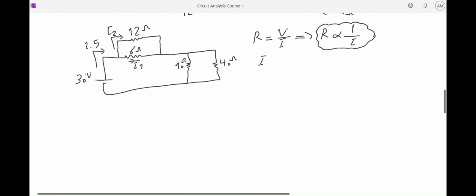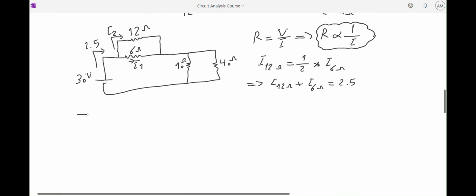The current of 12 ohm has to be half of the current of 6 ohm. And what I know from conservation of energy is that the current of 12 ohm plus the current of 6 ohm has to be 2.5.